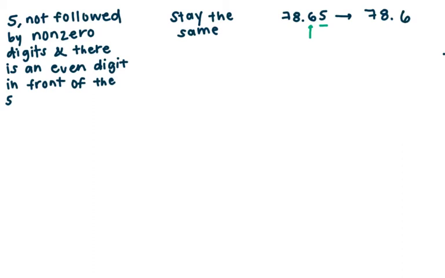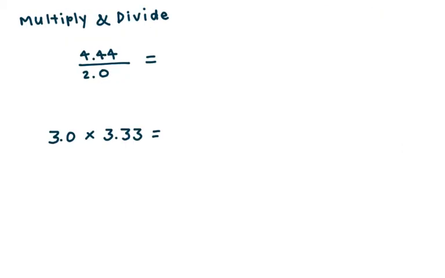Okay, so now we're going to look at multiplication and division with sig figs. Okay, so first we have 4.44 divided by 2.0. And when you do that, you're going to get 2.22. So the way that you're going to figure out how many sig figs to include in your answer is by doing the following. First, how many sig figs is 4.44? 3 sig figs.